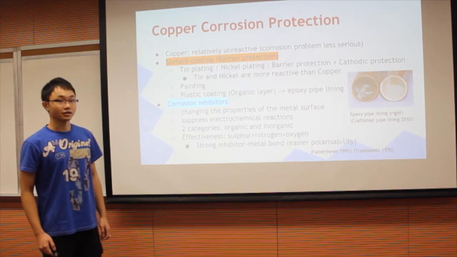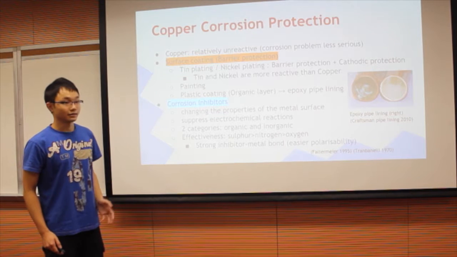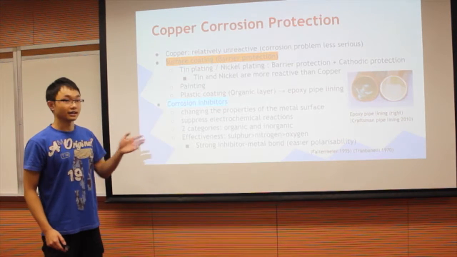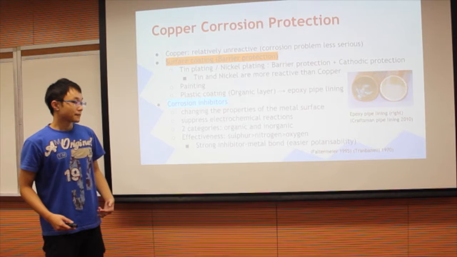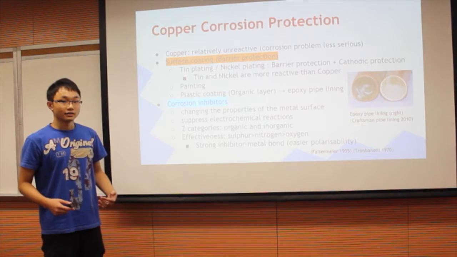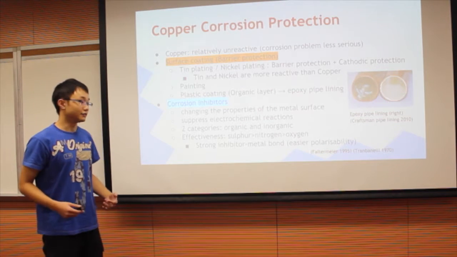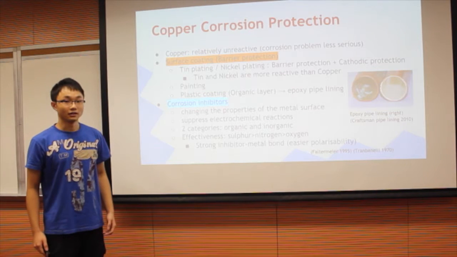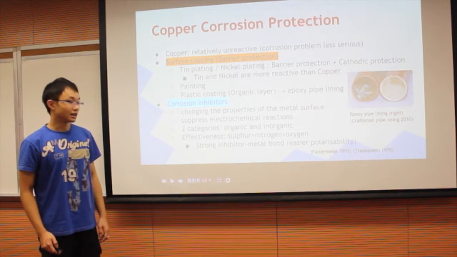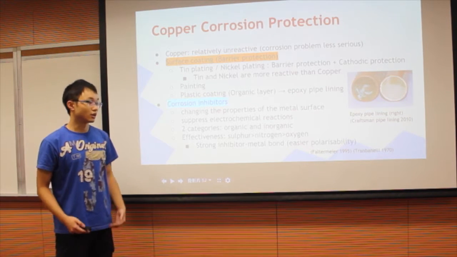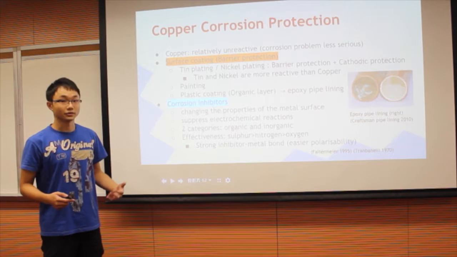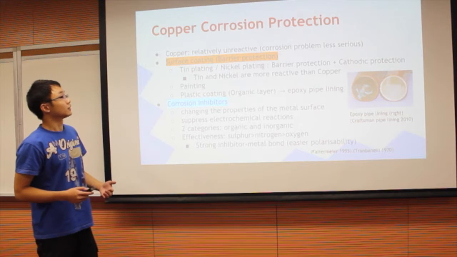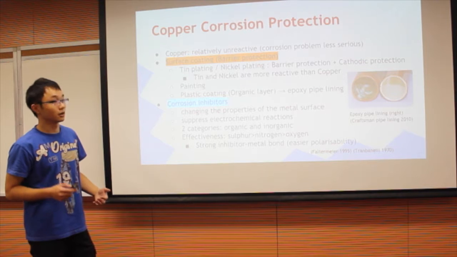The inhibitors containing sulfur are better than the ones containing nitrogen and oxygen. It's because with lower electronegativity, there is an easier polarizability, and it allows a strong inhibitor-metal bond, and it is good for the corrosion prevention of copper.